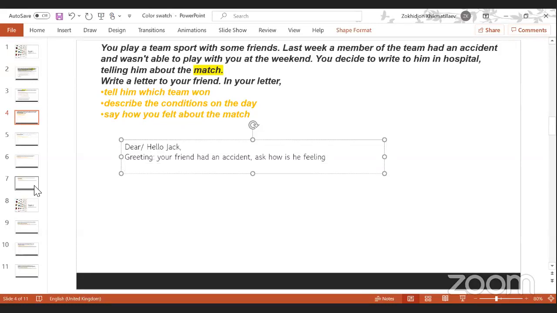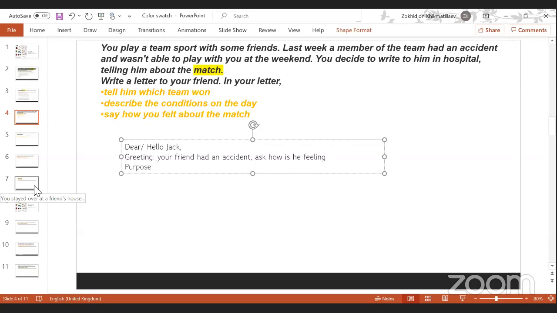Okay, then after, what do I do? Write a purpose. Now, purpose. Purpose of writing is what? Telling about the match.